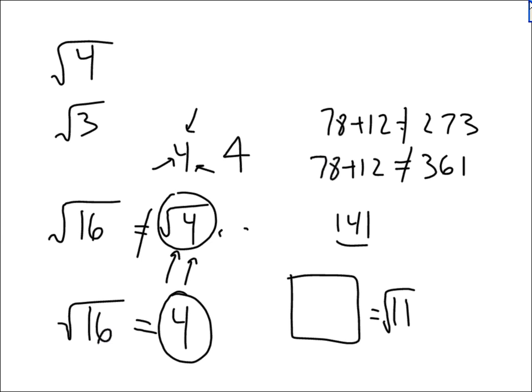And back to this problem here. Let me do it on top. If you think the square root of 16 is the square root of 4, fair enough, think that. But then you better write down what the square root of 4 is. Because you're not done yet. And I suspect you're going to call it this, since the square root of 4 is 2, you may write down the square root of 2.